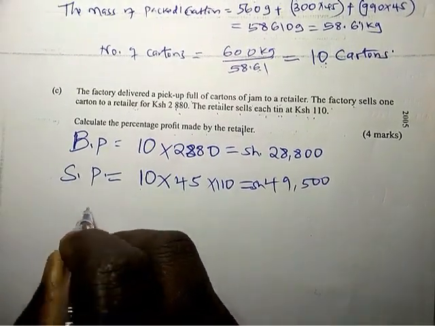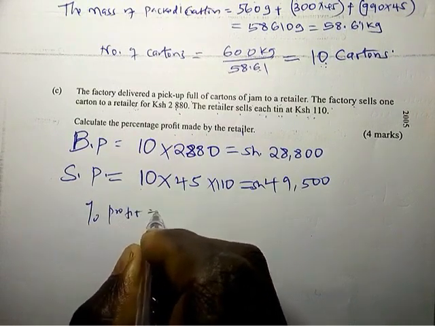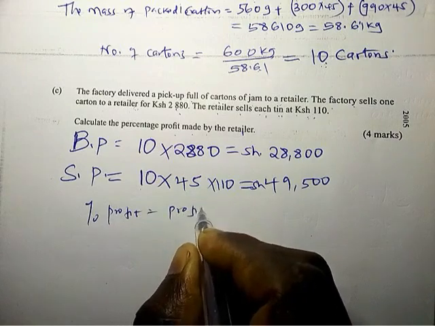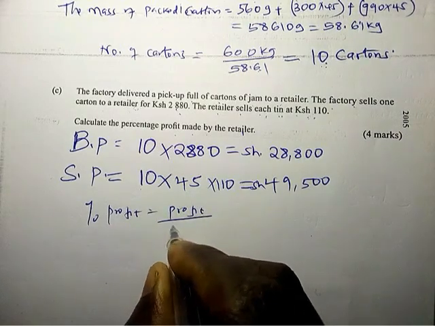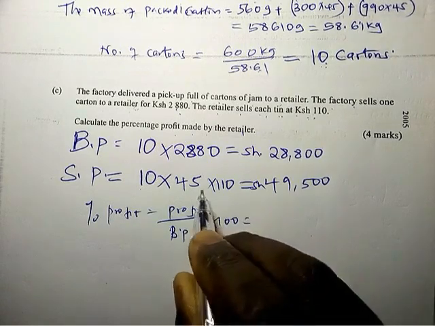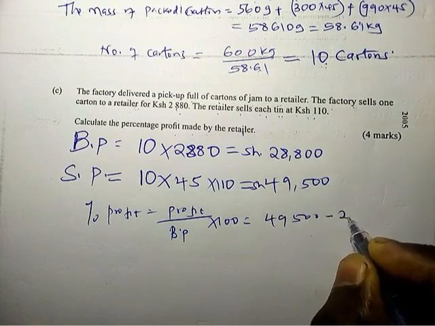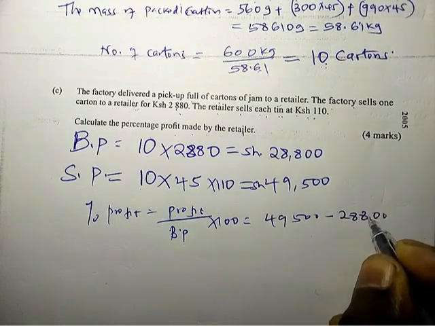Now profit, percentage profit is equal to profit divided by the original, the buying price, times 100. So let us get the profit itself: 49,500 minus 28,800.